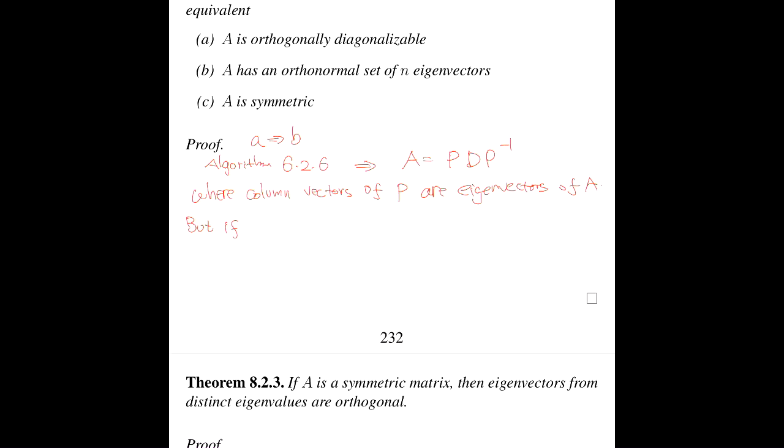But now, if A is orthogonally diagonalizable, this means P is orthogonal, right? If P is orthogonal, then we know from theorem 8.1.4 that if P is orthogonal, then its column vectors form an orthonormal basis.